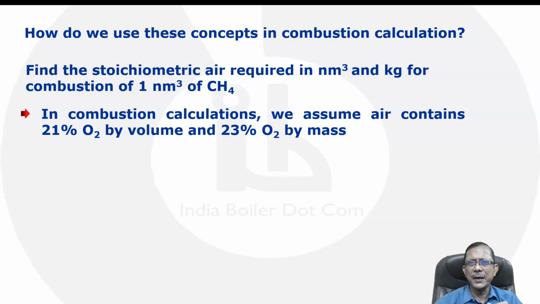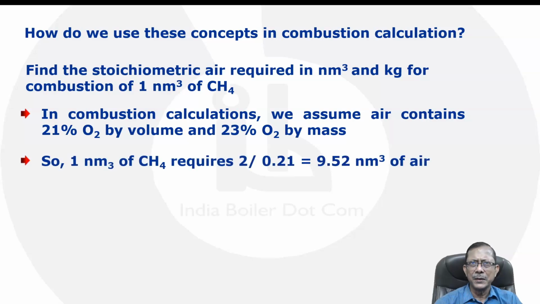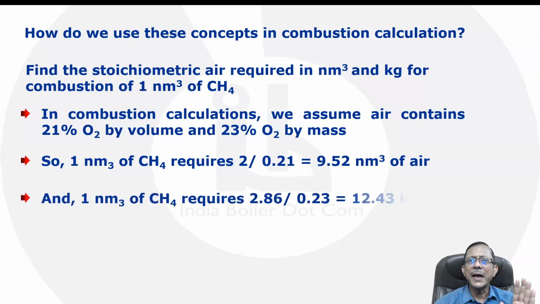So if I want to find out the volume of air, I take the volume of oxygen, and considering 21% of oxygen is there in air, I will require 2 nm cube by 0.21, that is 9.52 nm cube of air. And if I want to find out the mass of air, we have already calculated the mass of oxygen required for 1 nm cube of CH4. So that mass divided by 0.23 will give you the mass of air, right? That is how we calculate the air requirement.